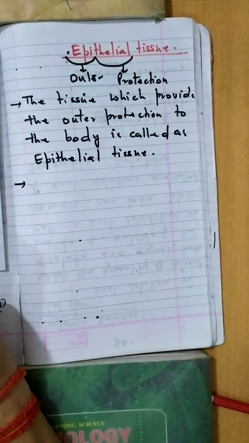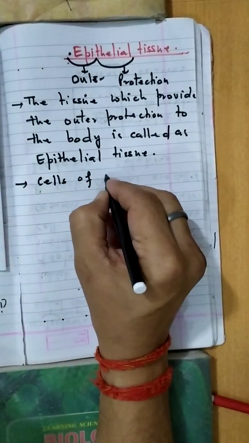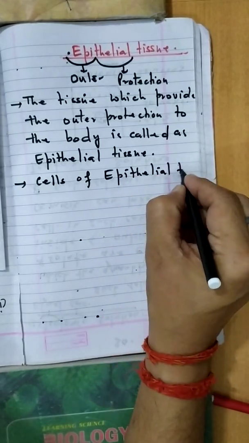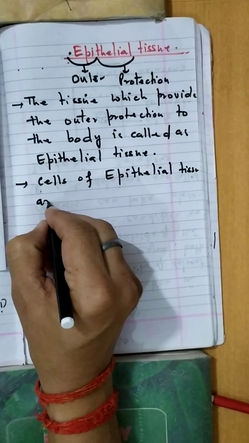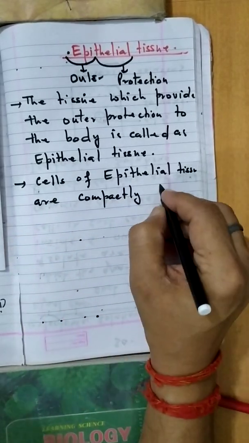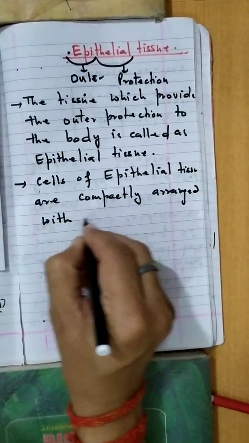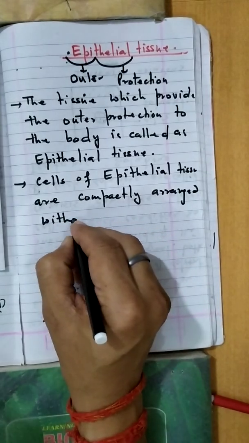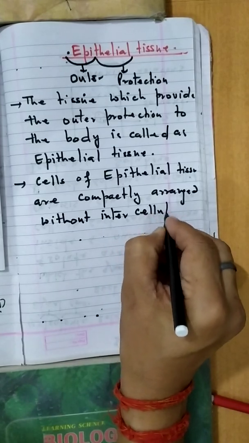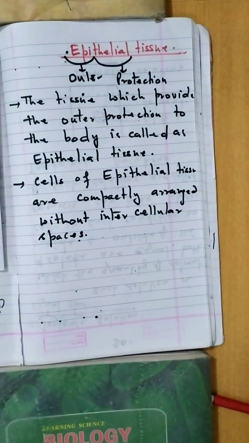Now likewise, epidermis, the cells of epithelial tissue are compactly arranged without intercellular spaces. Is it clear?